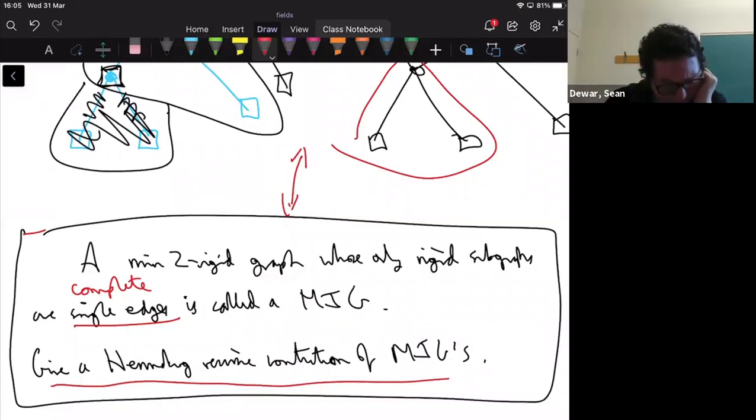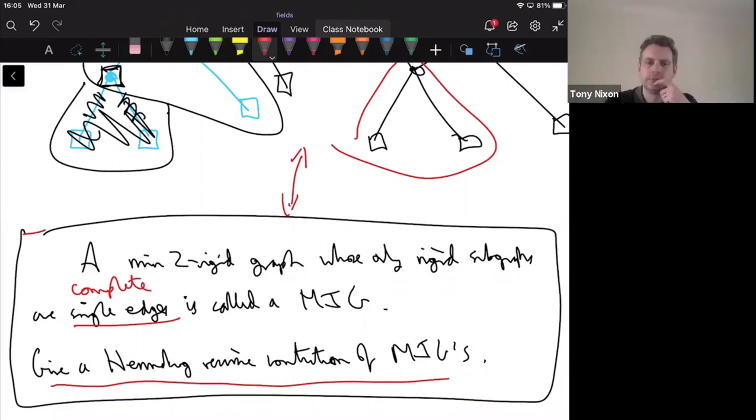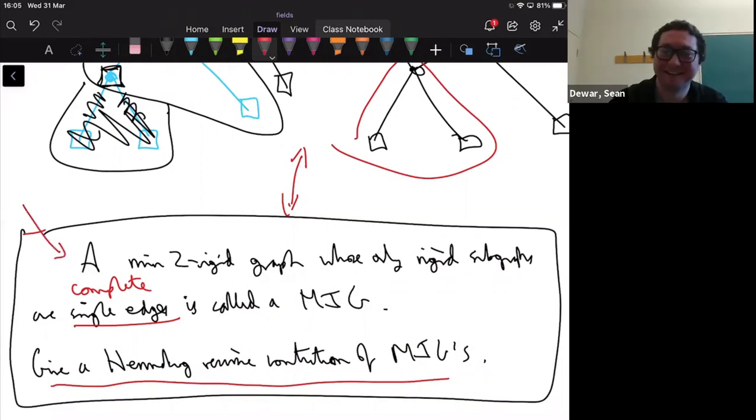Maybe it's fine because the Azur decomposition is not going to give you a one-extension, a Henneberg recursive construction. It's different to that, I guess. Yeah, I guess I just like the opportunity to advertise this problem that I'd like to solve, but haven't managed to for quite a while.